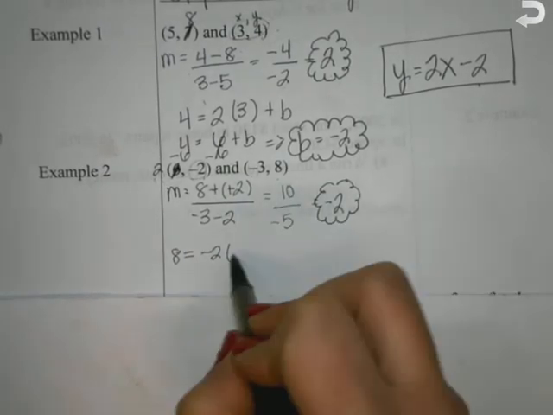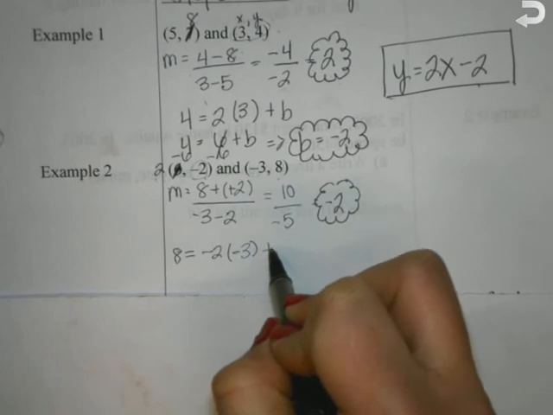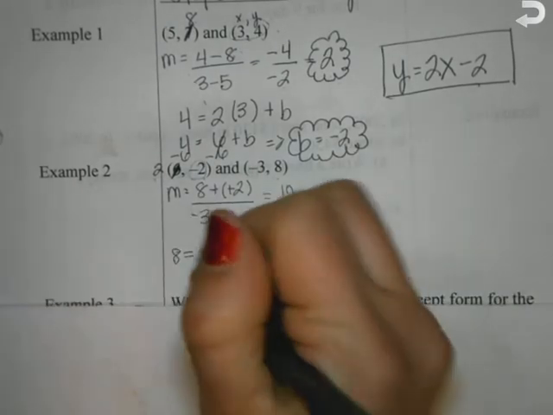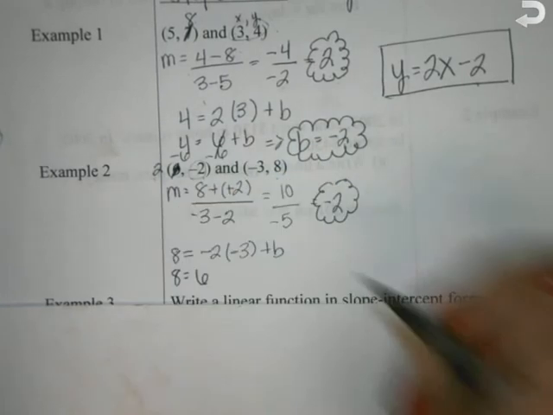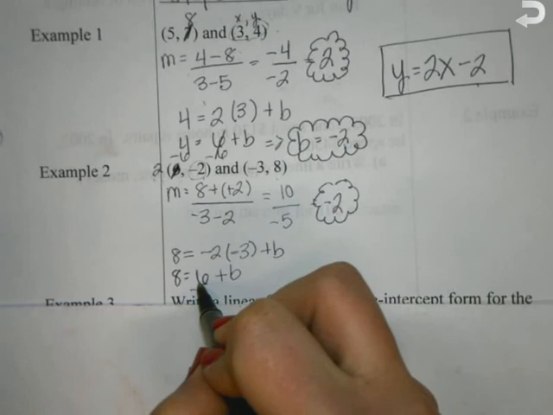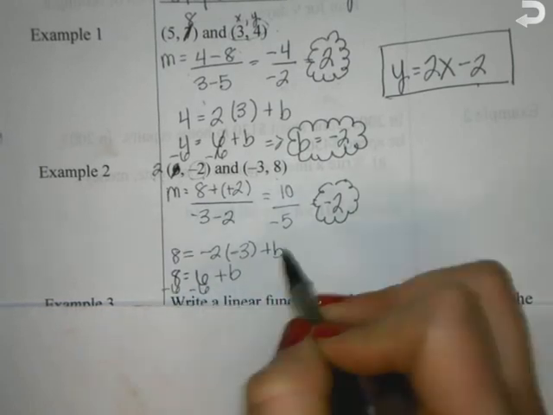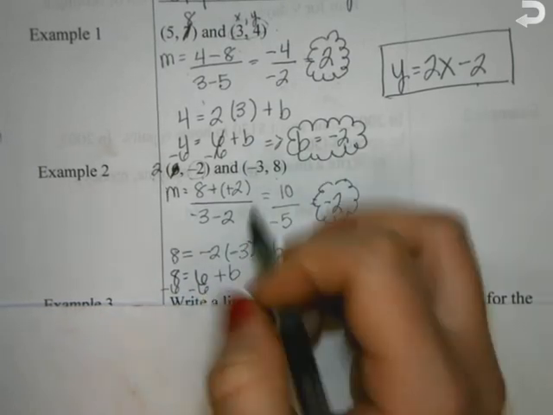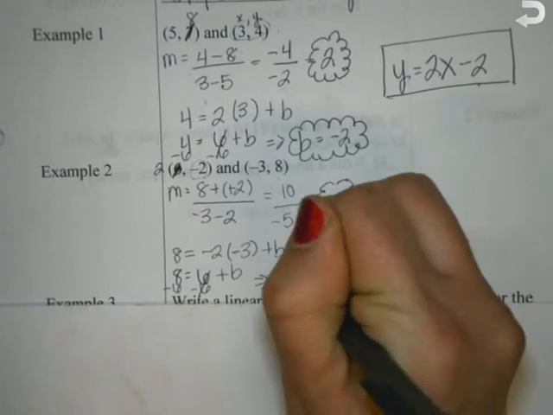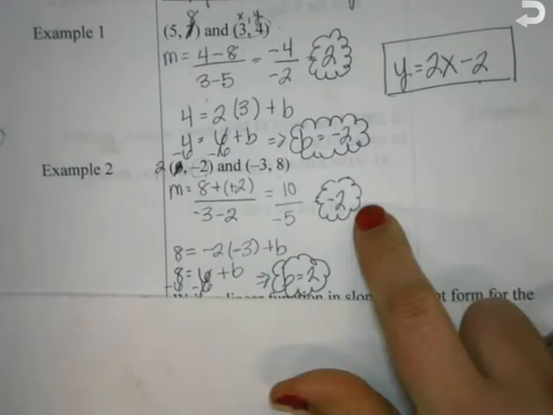And then -2 times -3 is +6. So 8 equals 6 plus b. Then you subtract 6 from both sides, and you're going to get b equals 2. So for my slope I got -2. For my y-intercept I got 2. Everybody still good?